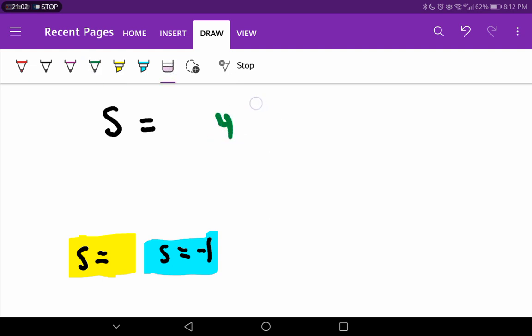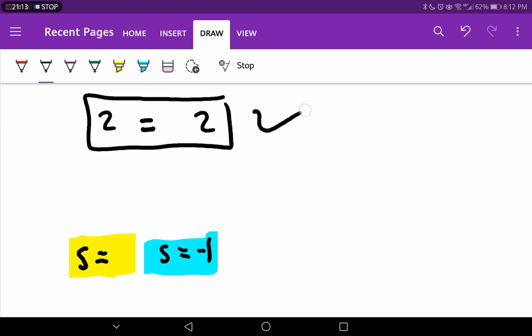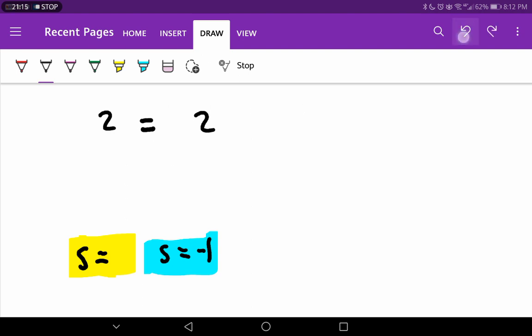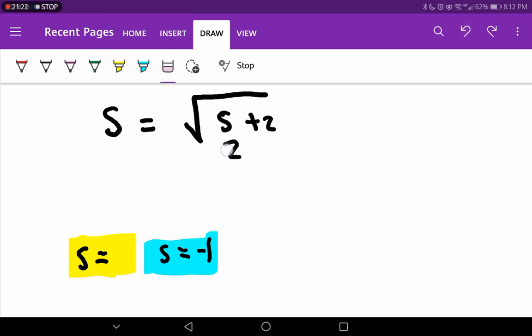Radical of 4 gives 2. And don't forget to replace the s here also by the 2. Is 2 equal to 2? Yes. So we make sure that s equals 2 is a solution.